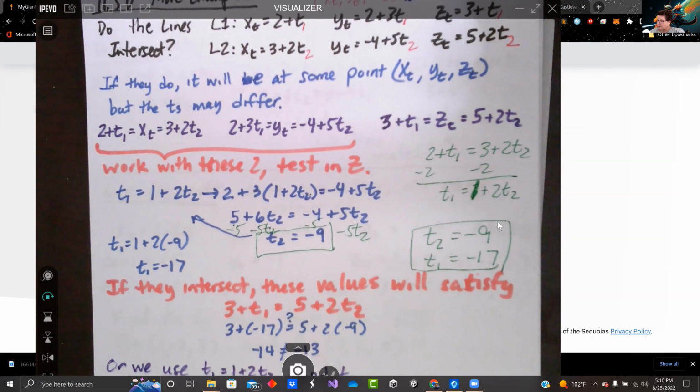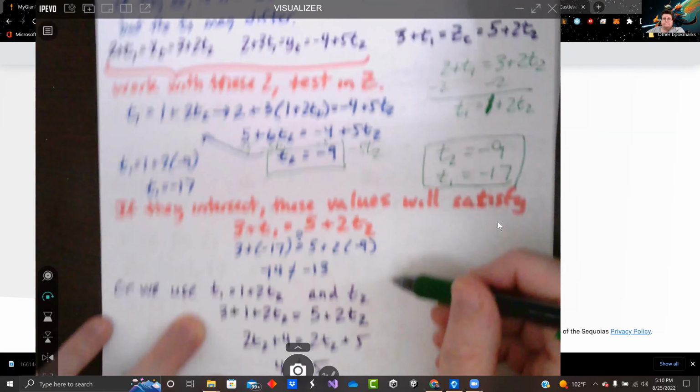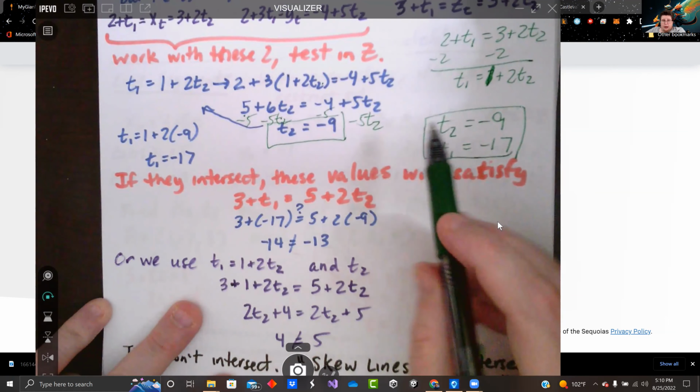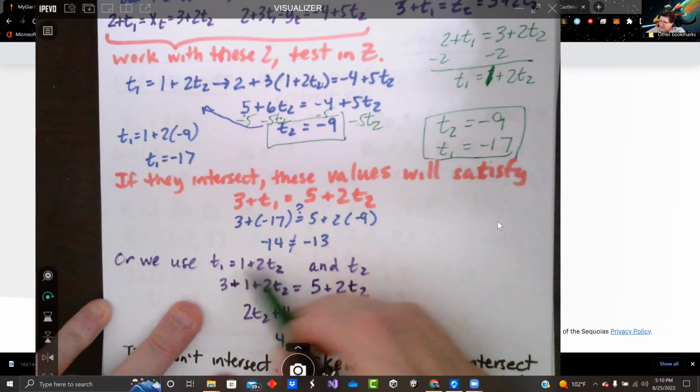If we use any of the other ones, what am I doing here? Oh, here I found t1 the same way.